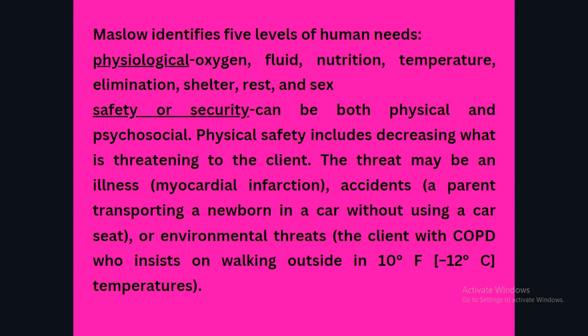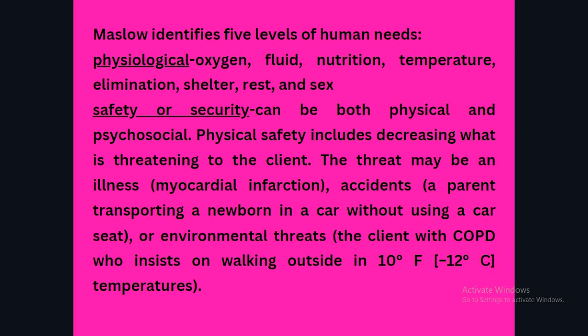So talking about how to identify Maslow's physiological needs. Physiological needs are related to oxygen, fluid, nutrition, temperature, elimination, shelter, rest, and sex. Safety or security needs can be both physical and psychosocial. The physical needs include decreasing what is threatening to the client, right?